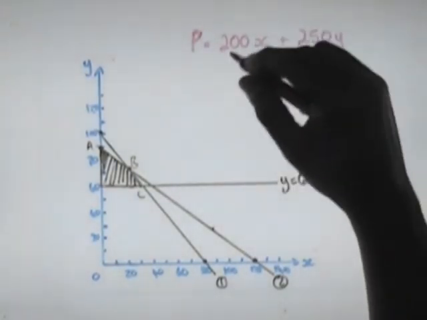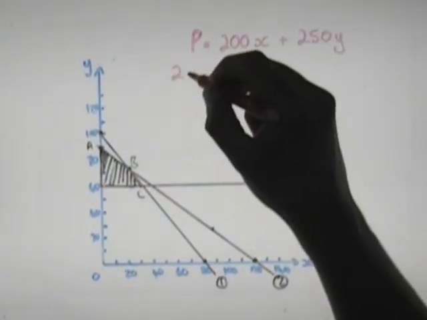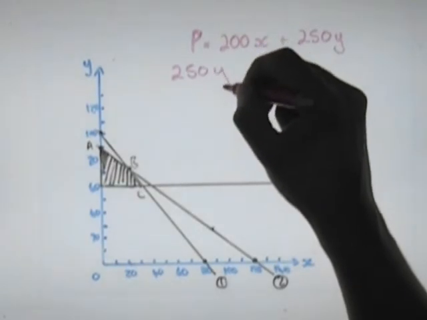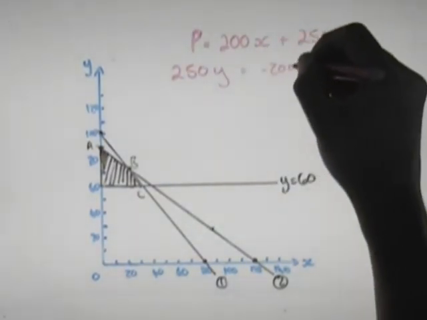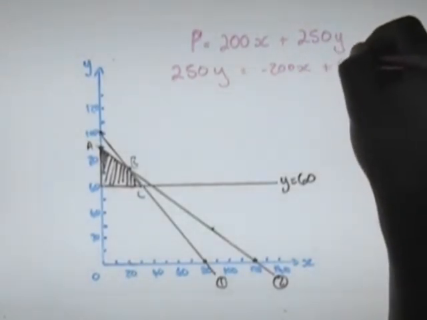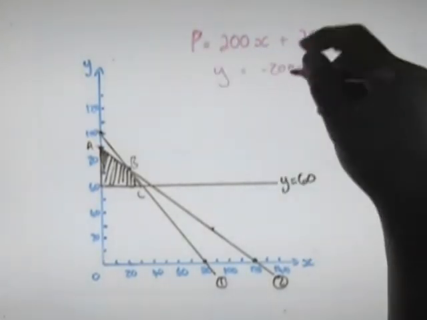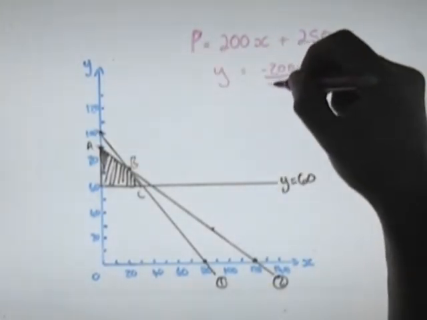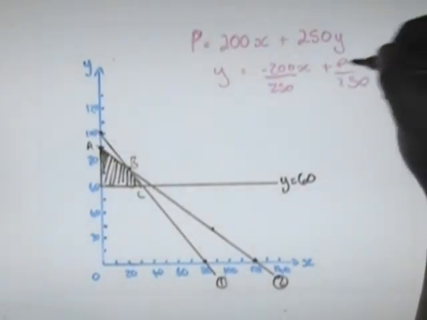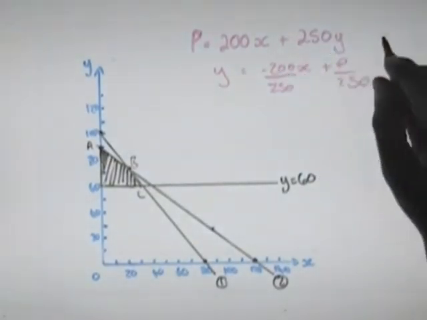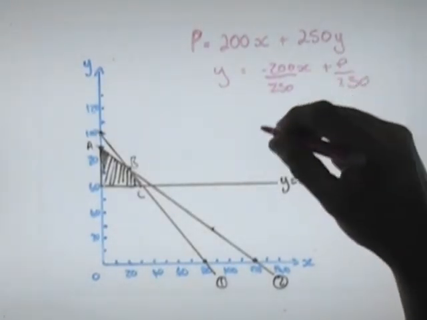I'm going to now get this in the form y is equal to mx plus c so that I can get a search line. That means that 250y is equal to negative 200x plus P. Divide by 250 on both sides, which means that our gradient is negative 200 over 250 or negative 20 over 25.